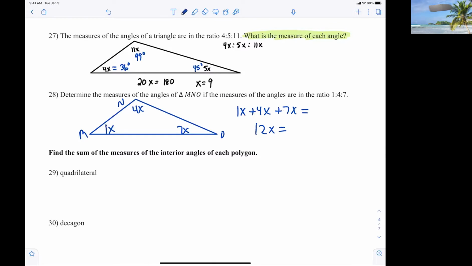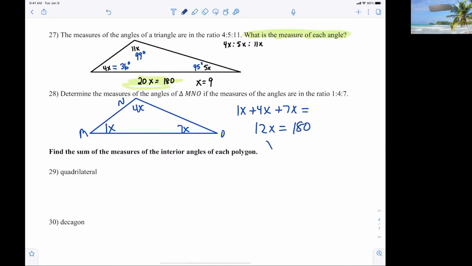How many degrees in a triangle? How many degrees are in a triangle? The sum of the, how many? Right, just like this problem up here, kiddo, it's the same thing. So it's 180. So tell me what x is.